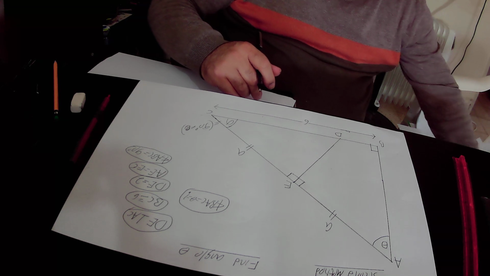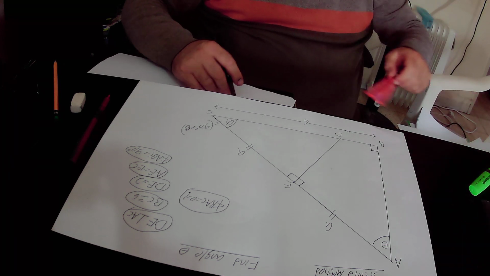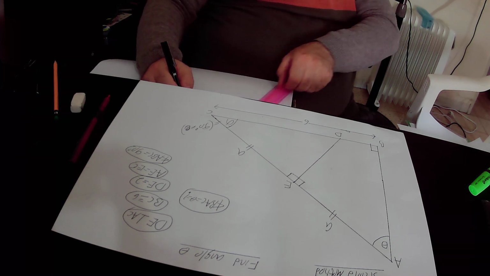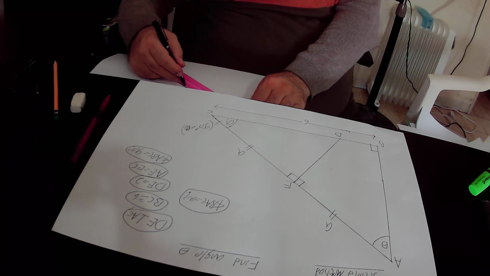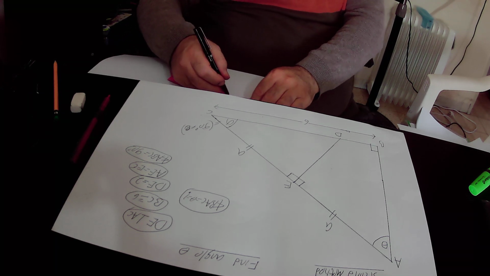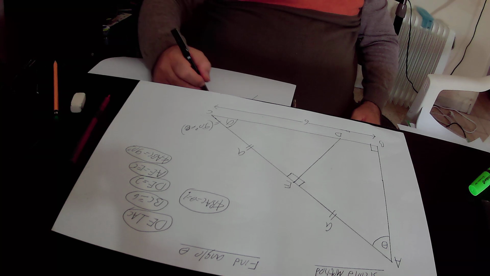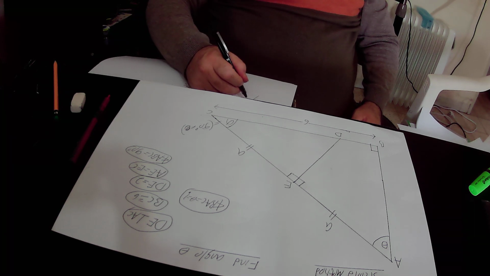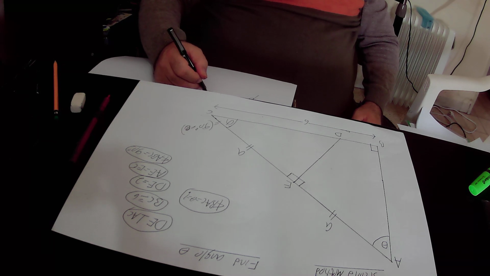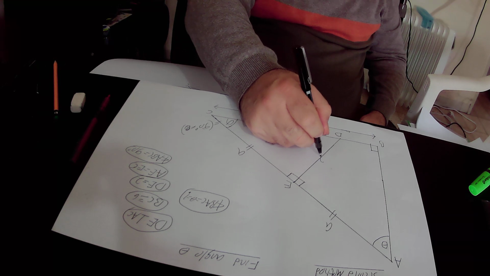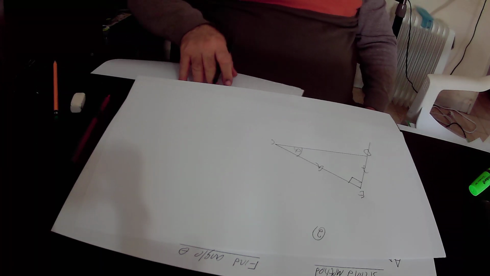In the next step, I will copy the right triangle EDC, and we will analyze it. So this is the right triangle EDC that I copied from the original drawing.